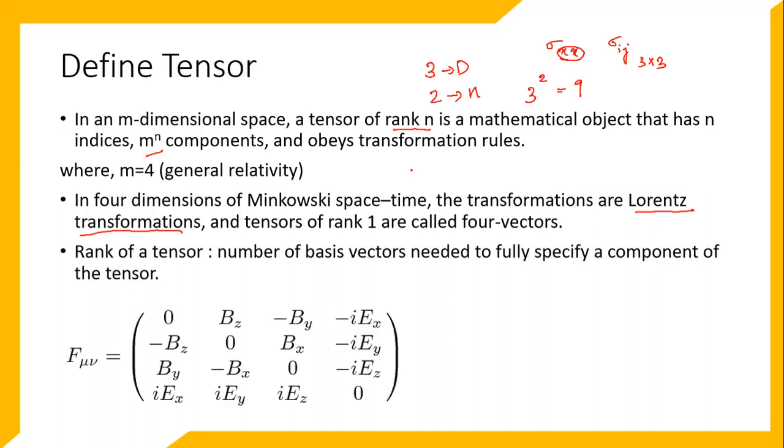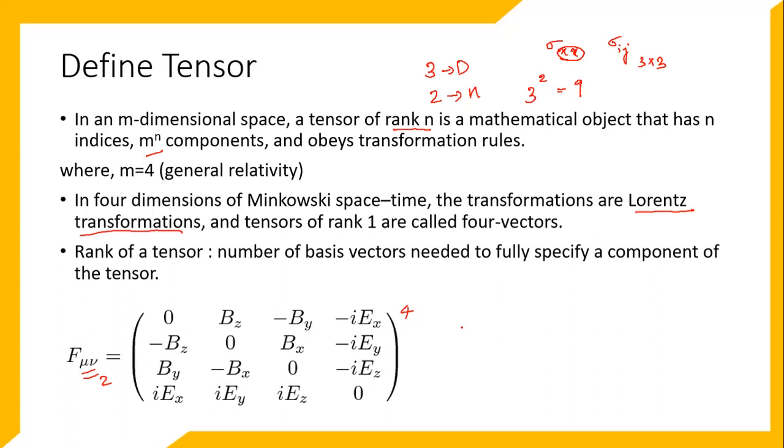The rank of a tensor is the number of basis vectors needed to specify a component completely. Here I am giving you a glimpse of the electromagnetic tensor, which we come across in relativity. You can see that it is in a 4-dimensional space and it has only two indices, that is its rank is 2 and dimension is 4.